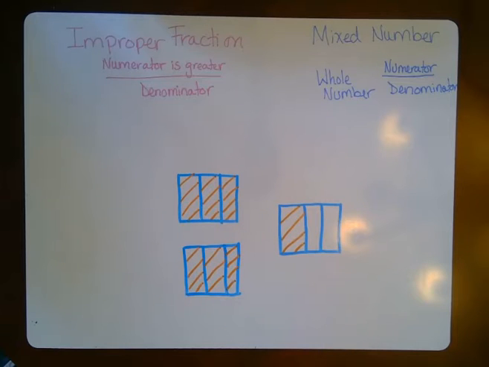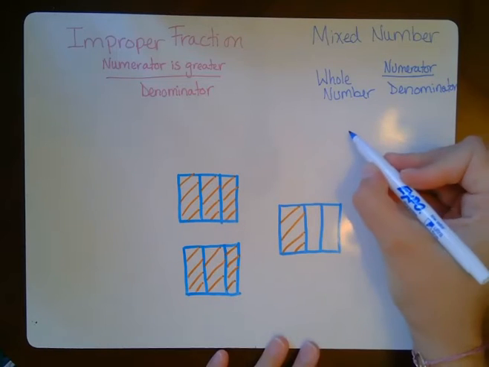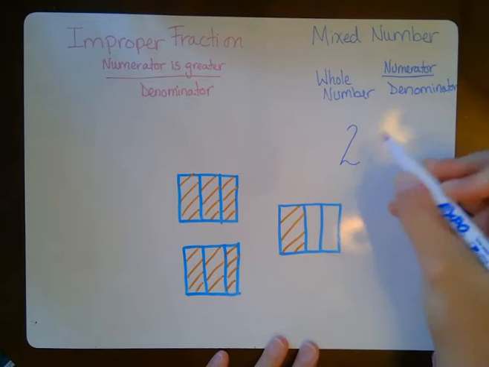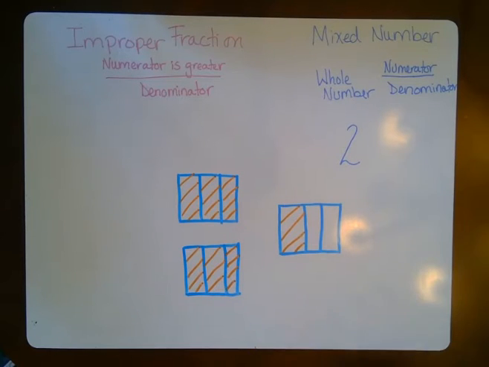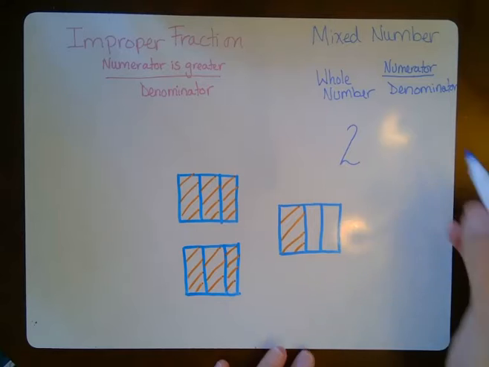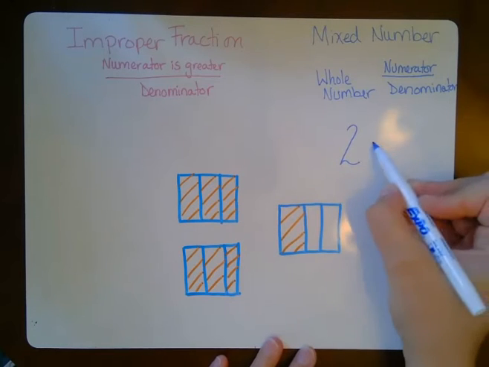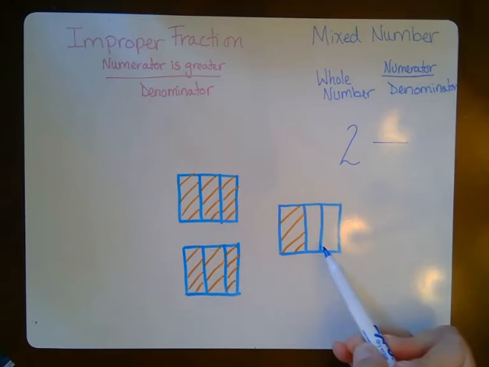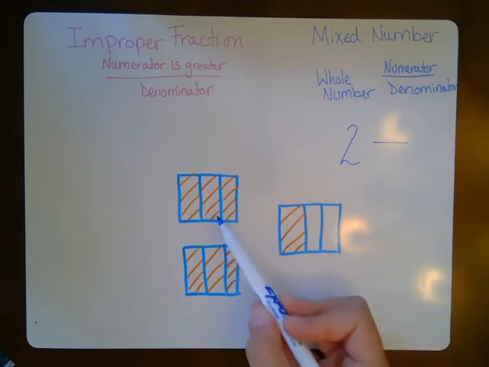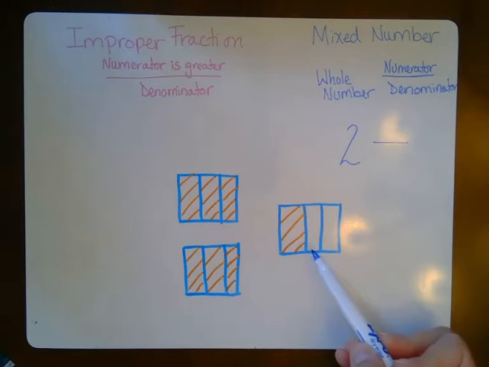This model is not shaded in, so I will not count that as my whole number. I have two wholes, one here, one there. Next, I'm going to write the fractional amount of the remaining piece. All of my models are split into thirds. This is showing a model of thirds.